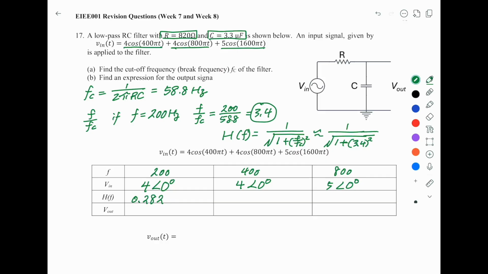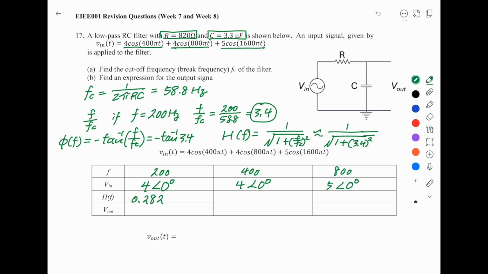Now you can also apply the equation for the phase shift. The equation for the phase shift is in terms of the cutoff frequency. This is negative arctangent of f over fc. So you get negative arctangent, f over fc is 3.4.